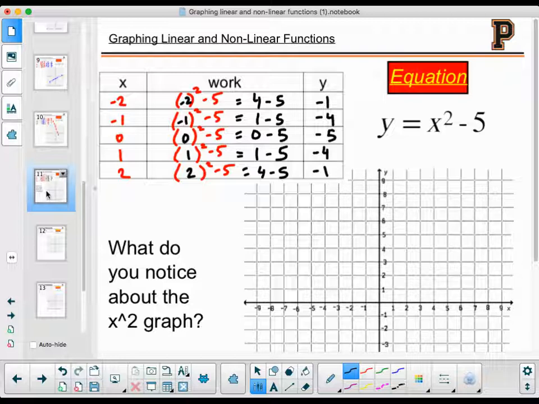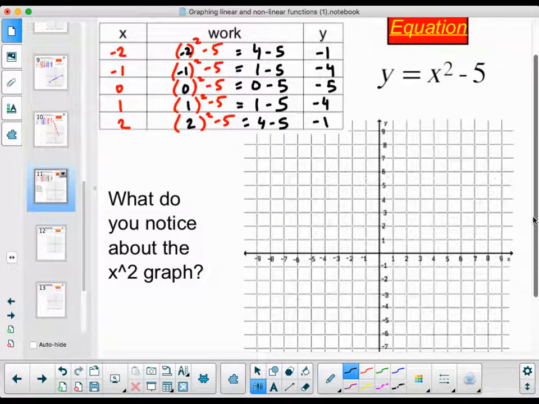So this is one of those, what's called a parabolic function. Parabola is anything that has an x squared within that function. So let's find those locations. -2 and -1, it's right here. -1, -4 is down here. 0, -5 is about right there.